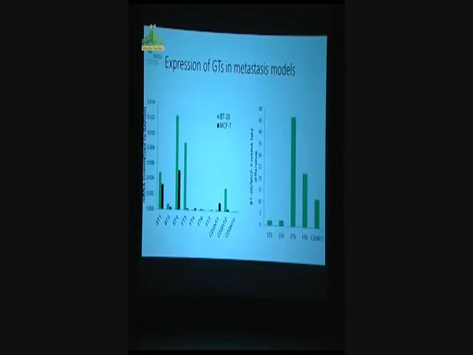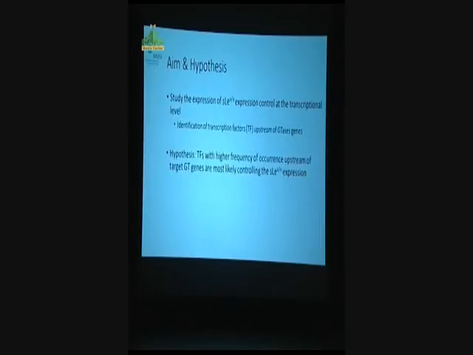As you can see here, the relative expression between BT20 and MCF7 shows upregulation of some sialyltransferases, fucosyltransferases, and the core-2 forming enzyme.